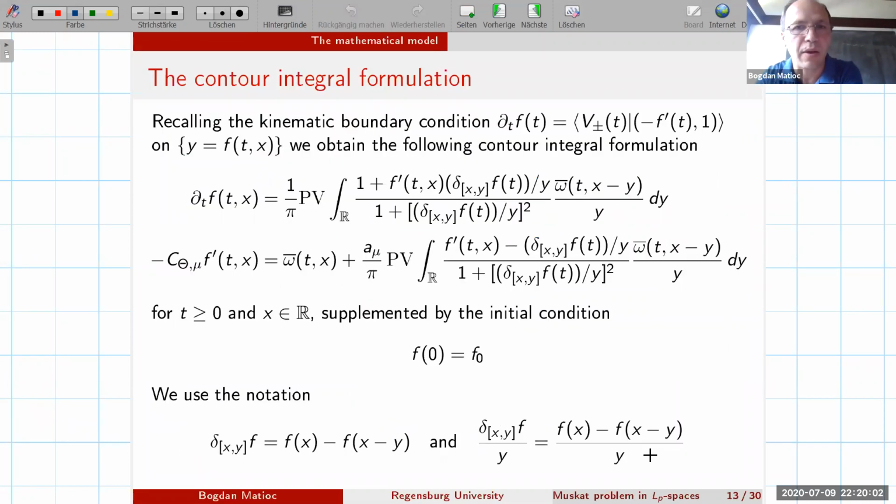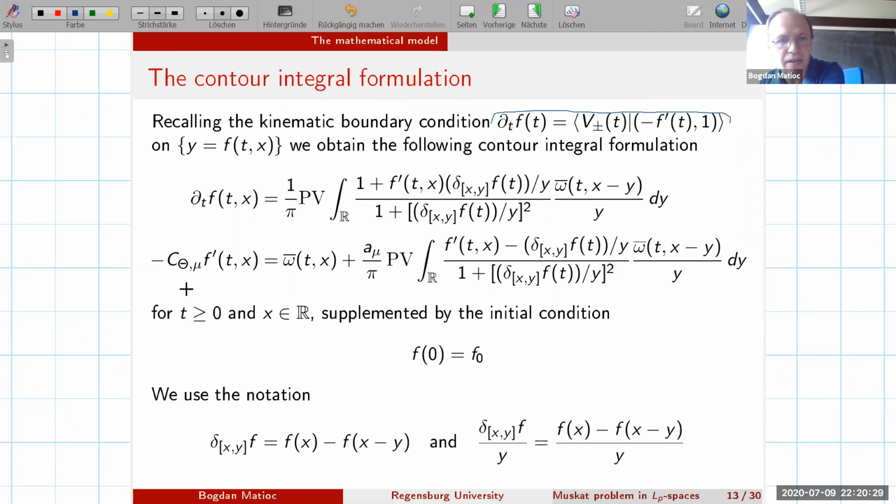So now we recall the kinematic boundary condition, which is written down here once more. Because we know the value of V on the interface, we obtain an evolution equation for f, expressed with the help of a singular integral. We have here the kernel from the previous slide and omega bar.